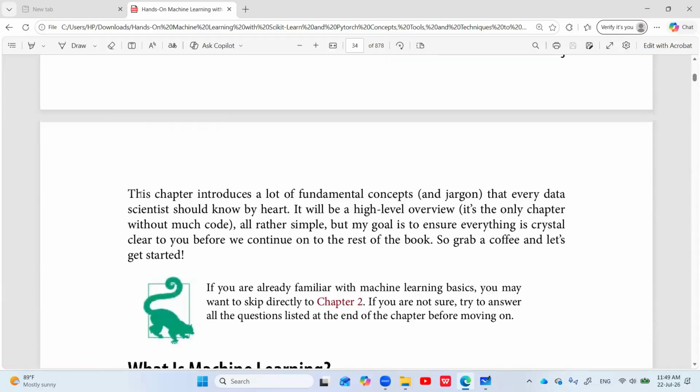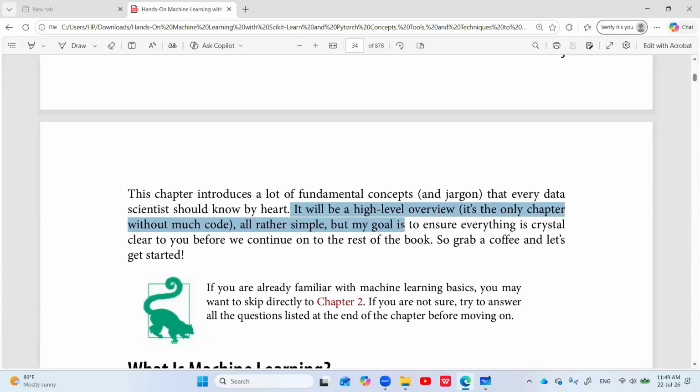This chapter introduces a lot of fundamental concepts and jargon that every data scientist should know by heart. That means here you are learning several fundamental concepts and a lot of technical jargon, the things a typical data scientist should know. It is just a high level overview.